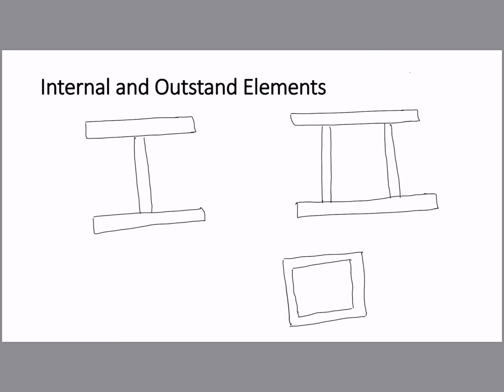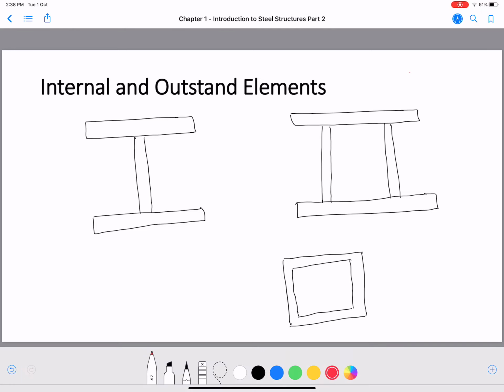Now, an internal element is considered to be supported along two edges. This element is also called a stiffened element. That means if you take this element, it is supported by this flange and this flange. So this is called an internal element.